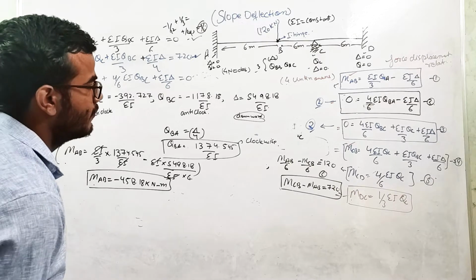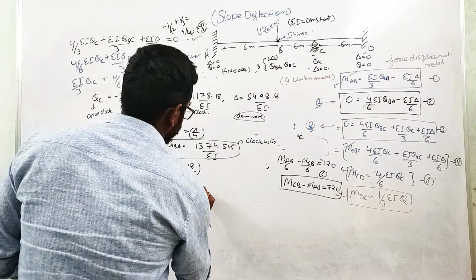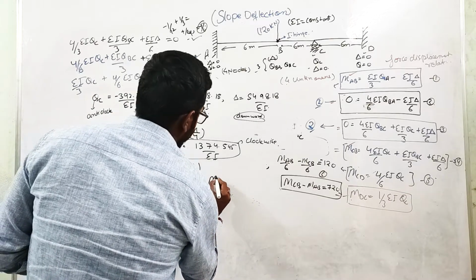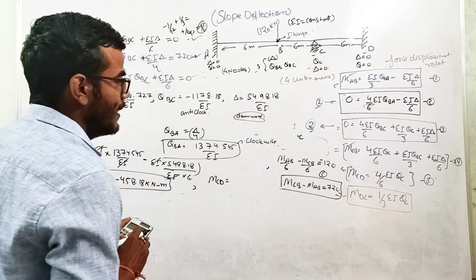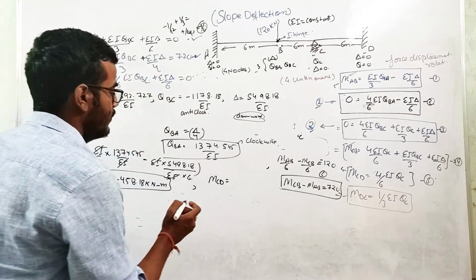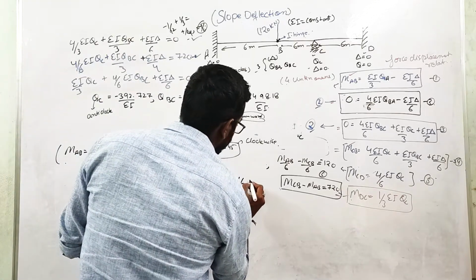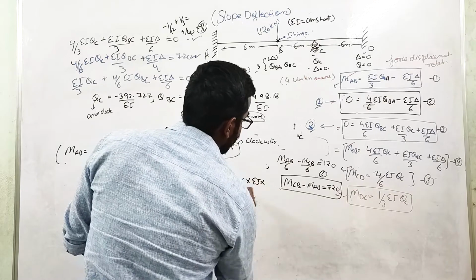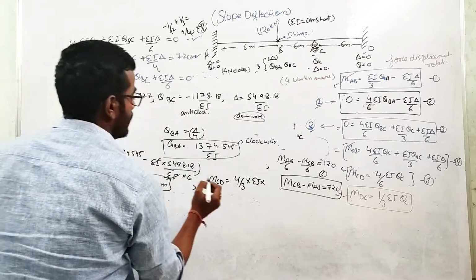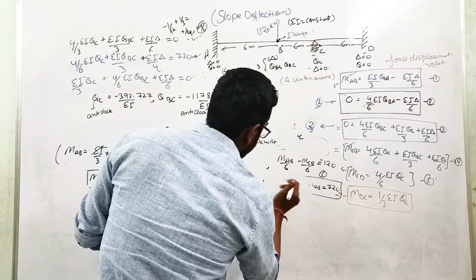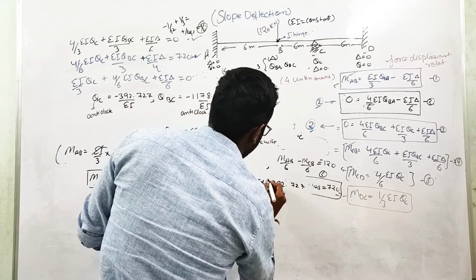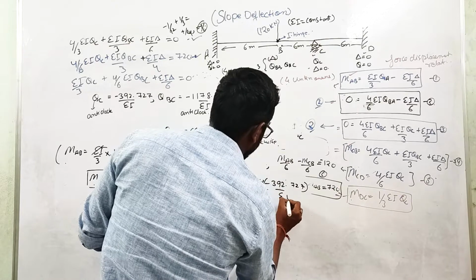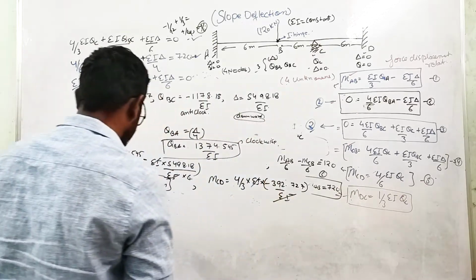What will be the value of MCD? MCD value will be 4 by 3 EI times theta C. Theta C is minus 392.727 over EI. EI will cancel out each other.